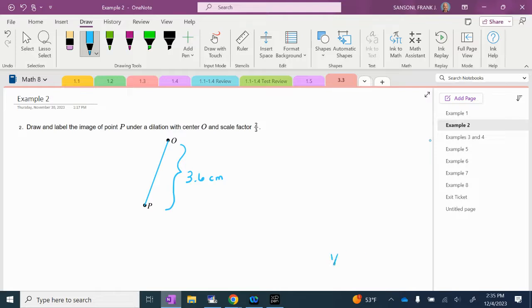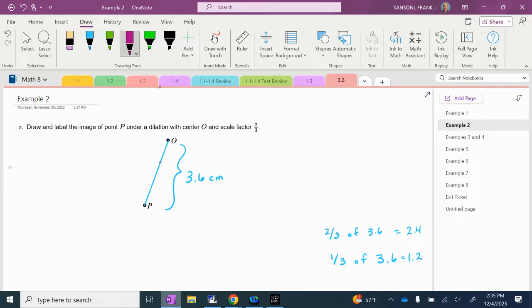So what's 1/3 of 3.6? 1.2. So if 1/3 of 3.6 is 1.2, then what's 2/3 of 3.6? 2.4. So you want 2.4.